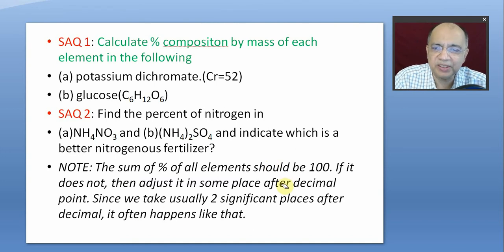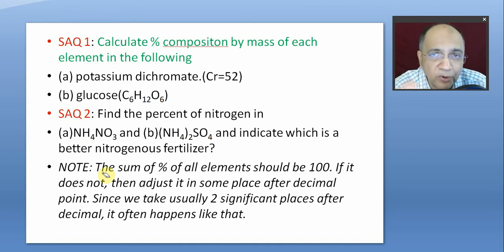So here I have written, this is something to do with the previous slides. If you are calculating the percent, then when you have got the mass percent of all these elements, the last element is to be found out by subtracting the sum of all the mass percentages other than the last one from 100.